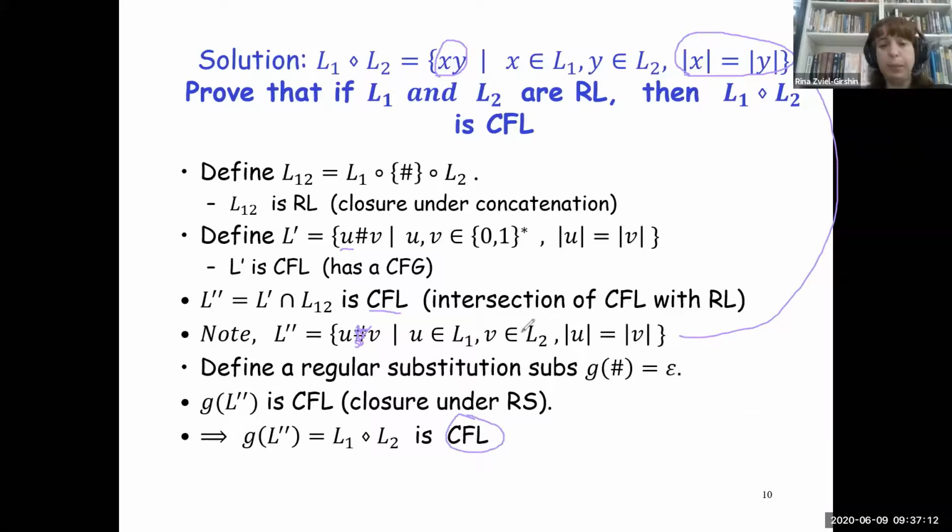Someone asked me yesterday, and I think that I usually get this question when I solve this exercise. Why do we need a ds sign? Why can't we build L1 concatenation with L2?